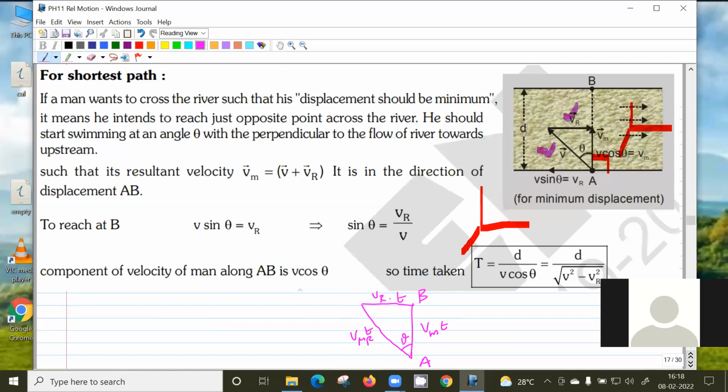So tan theta will be... the time taken is d by v cos theta. Velocity of man with respect to river is the swimmer's capability, so that will usually be known. So the time taken is the distance d between the banks divided by this component of velocity, that is v cos theta.